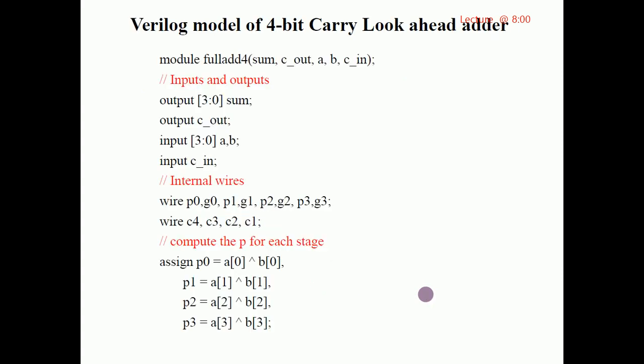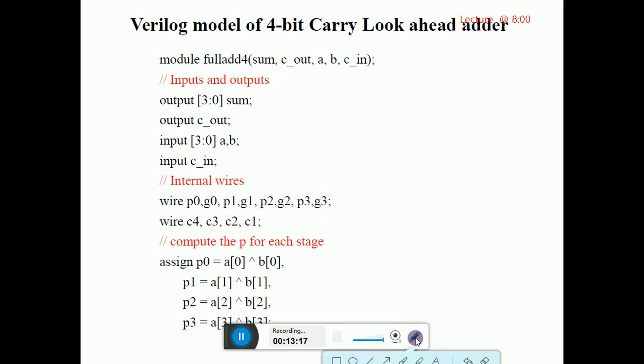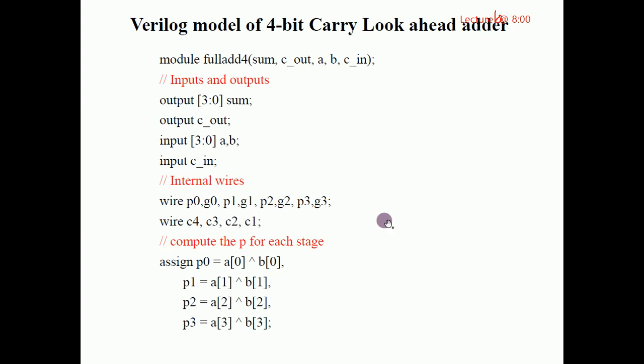So here's the code, the same code as we had discussed in lecture 6. I forgot to write lecture 6 there. This is lecture 6 at 8 minutes. You can just refer to it.